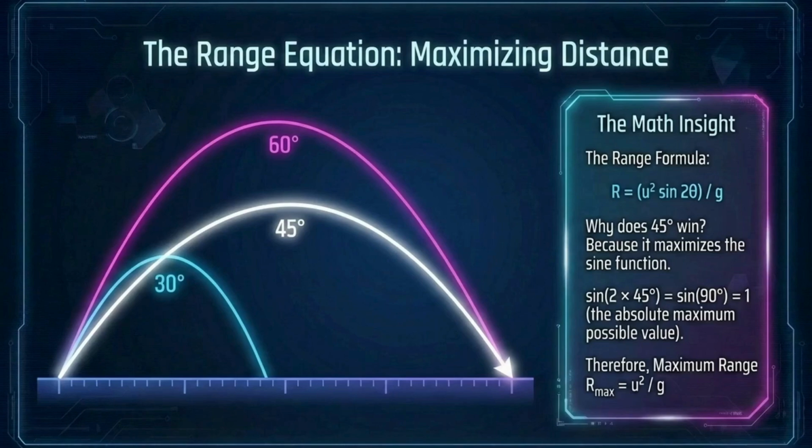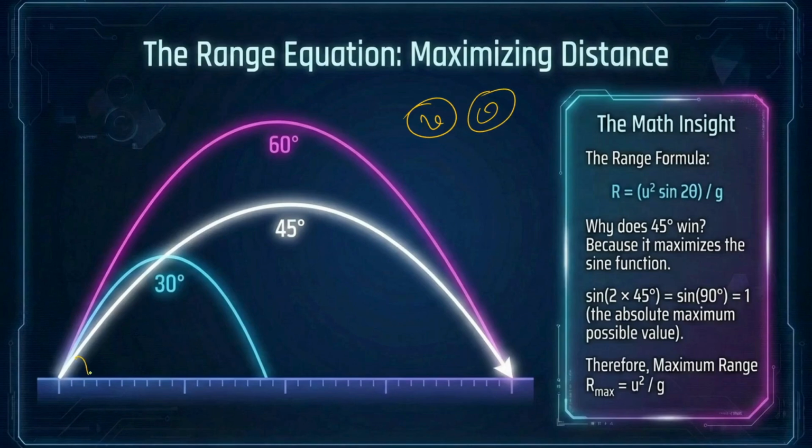So let's think about what factors affect the range. To get the maximum range, it depends on the launch speed, meaning the velocity, and the launching angle, meaning theta.